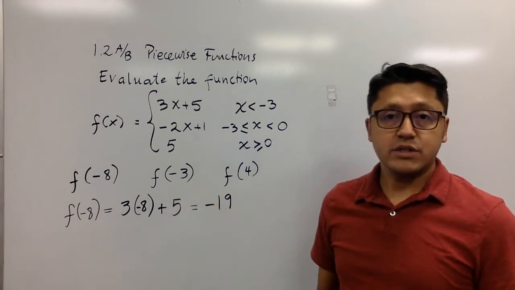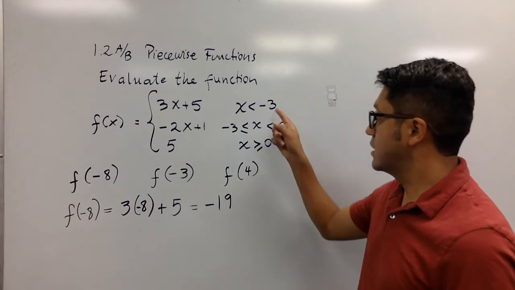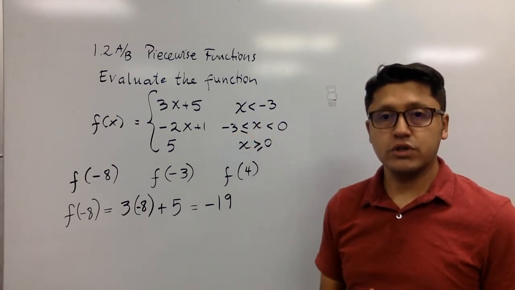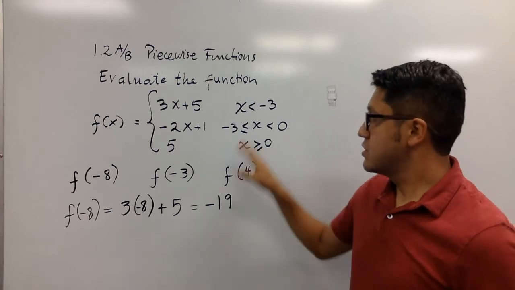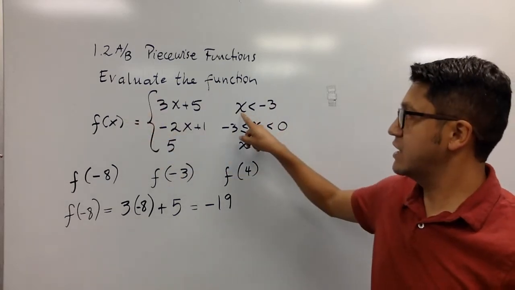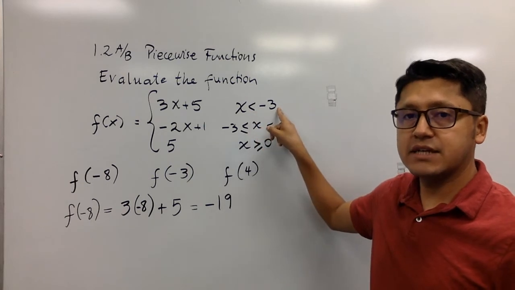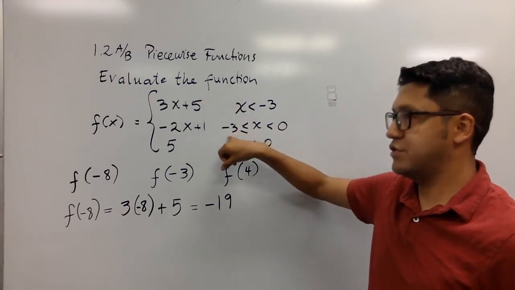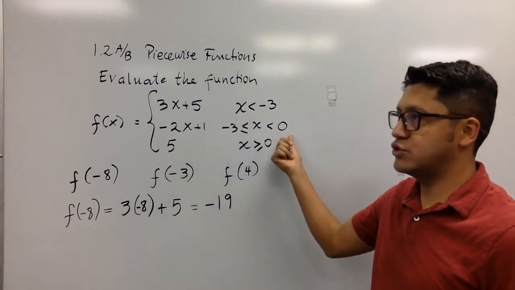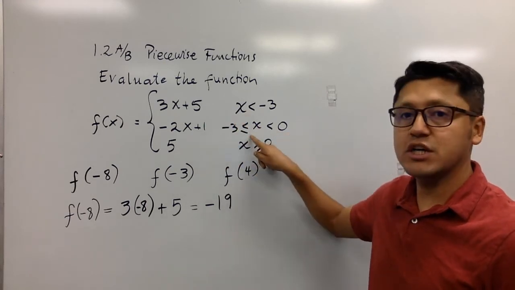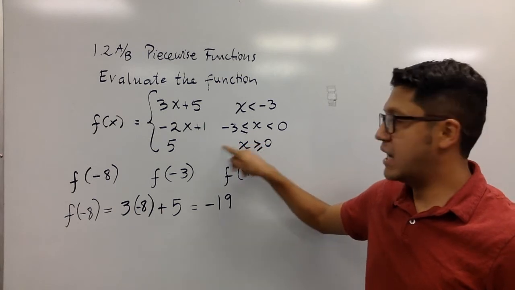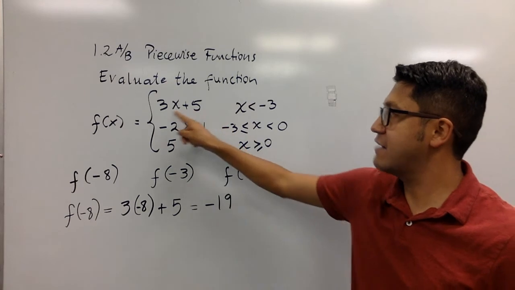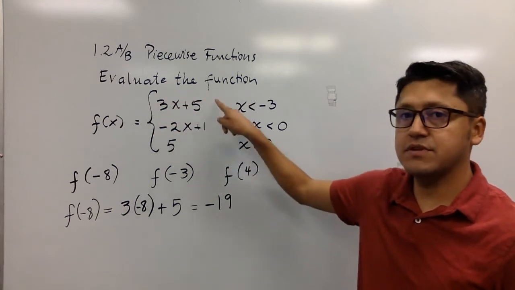Now let's continue with this one. What happens when x, or the input, is -3? I decided to use one of the transitions so that you are clear about what you have to do. This function is telling you that the x values that are less than -3 are going to use this piece. And for those that are -3 up to 0, not including 0, but this one includes -3. And since I want to find out the value of the function at -3, I have to use this piece instead of this piece.